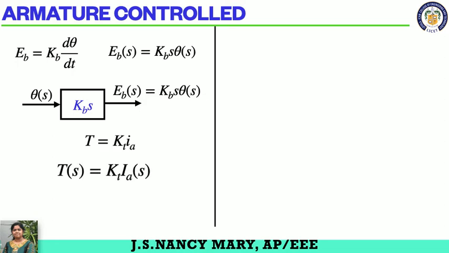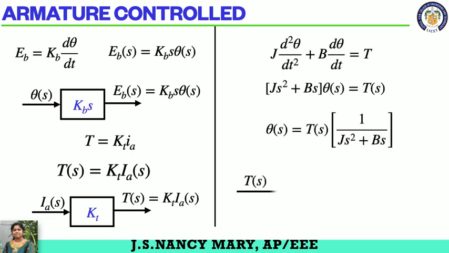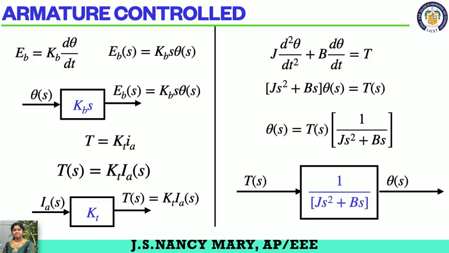So if IA of S is multiplied with KT, you will be getting T of S. Okay. And also for the load, this is my load equation. So if I am multiplying the torque with 1 by Js square plus Bs, you will get theta of S. Okay. So this is the block for my load.